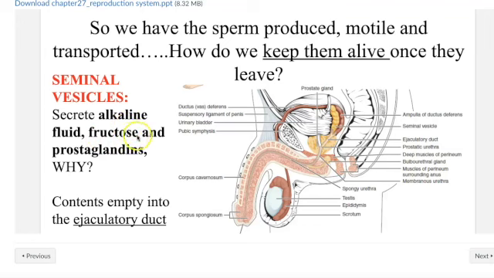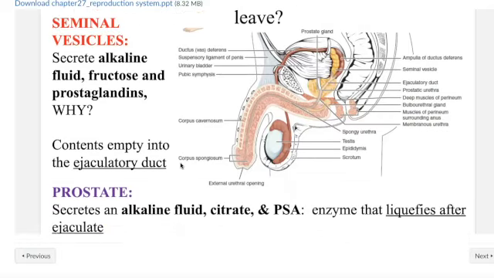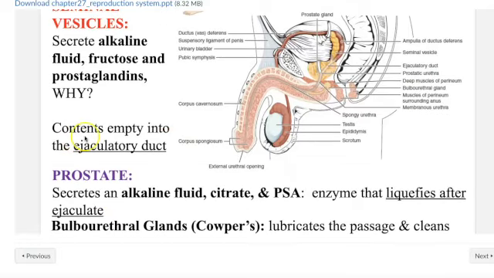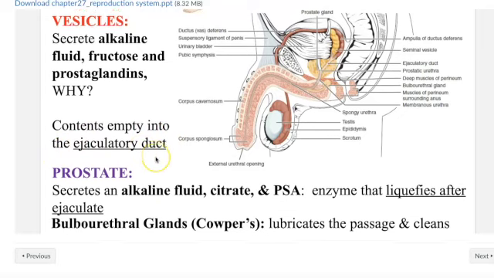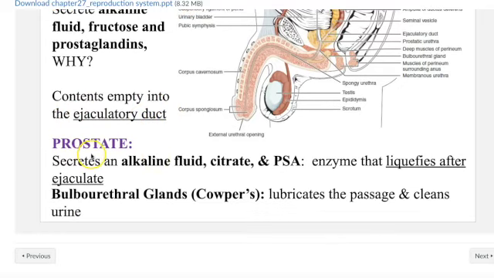It's got fructose for energy to move, and prostaglandins to help with motility to keep it alive. Then the content will empty into the ejaculatory duct. The prostate also secretes another alkaline fluid, with citrate and PSA enzyme that liquefies the semen after ejaculation and helps it become less thick.